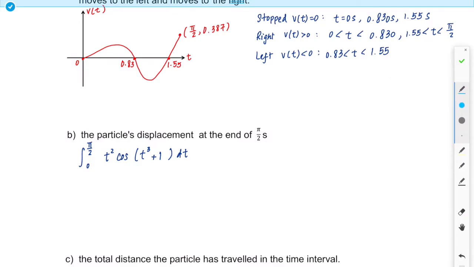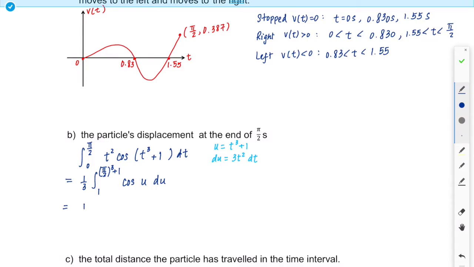So I know that a substitution here can work. du is 3t squared dt. So that means I can multiply by 1/3. And then, well, these are x values for pi over 2. And then if I change it in terms of u, 0 cubed plus 1 is 1. Here I'm just going to call this pi over 2 cubed plus 1, whatever that gives me. And then I have cosine of u du.